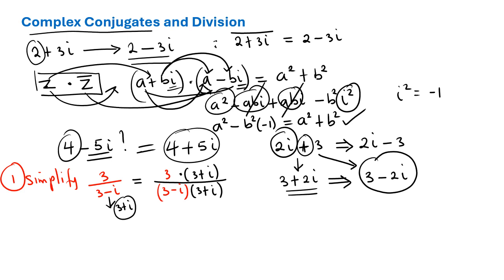From here, I will start from the numerator, which is going to be 3 times 3, 9. 3 times i, that's 3i. Now the denominator: when you multiply complex conjugates, you end up with real parts, positive real numbers.